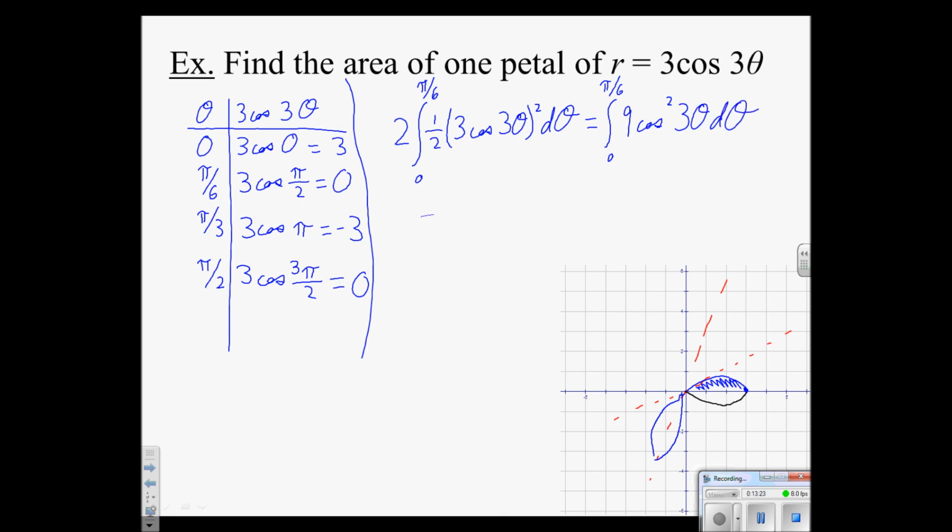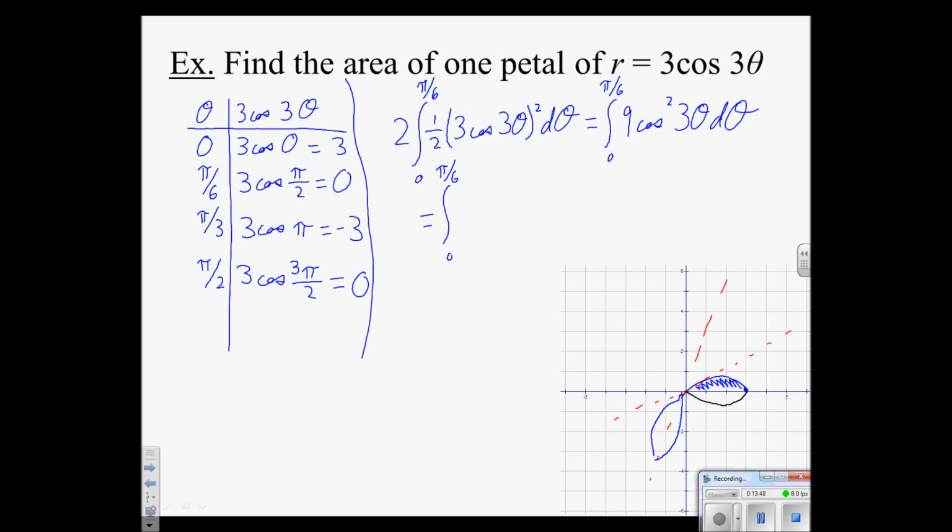And now we get to the question of, how do we evaluate this integral? To evaluate this integral, we are going to have to remember how to integrate trig functions. Some of you may have already picked up on the fact that the cosine is being squared. When we integrated trig functions and the sine or cosine were being squared, we used the double angle identity.